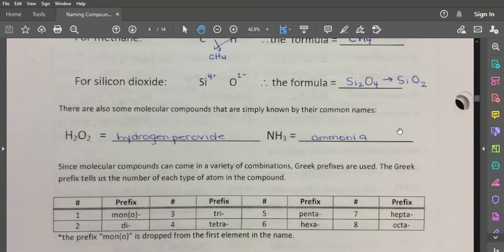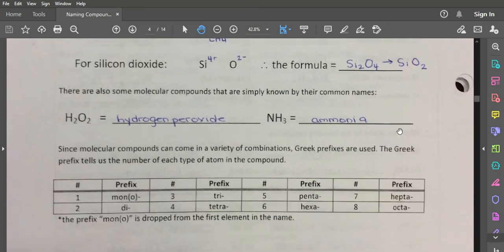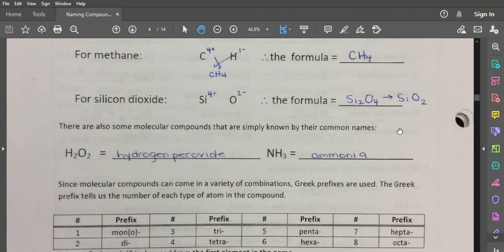So some things are known by their common names. Methane is obviously not something you would have named off a periodic table. You'd probably call it carbon and then something hydride. Same with these guys. H2O2, not to be confused with water, which is just H2O, is hydrogen peroxide.